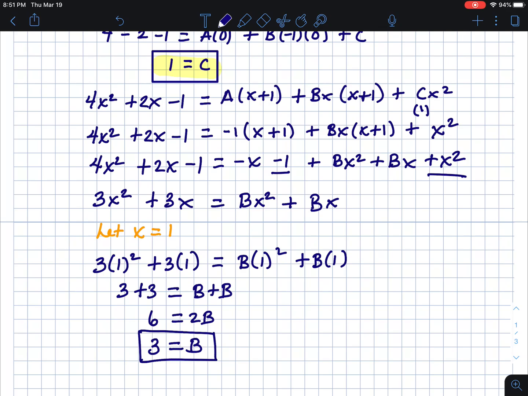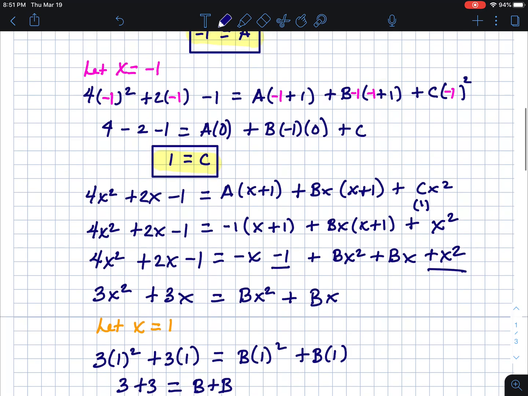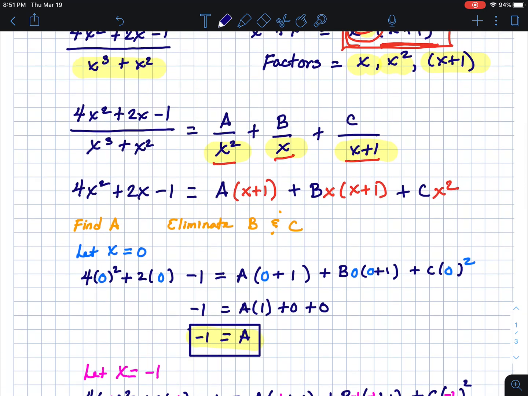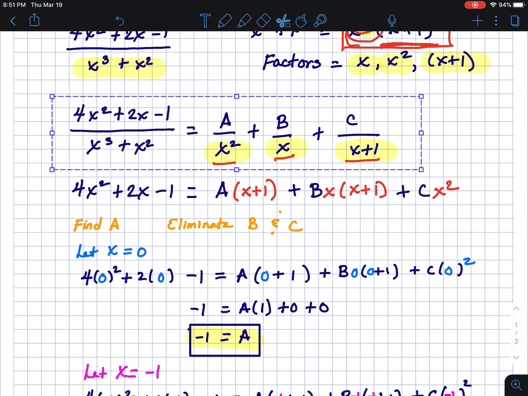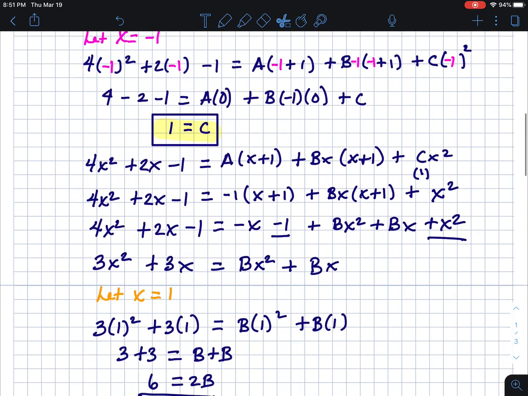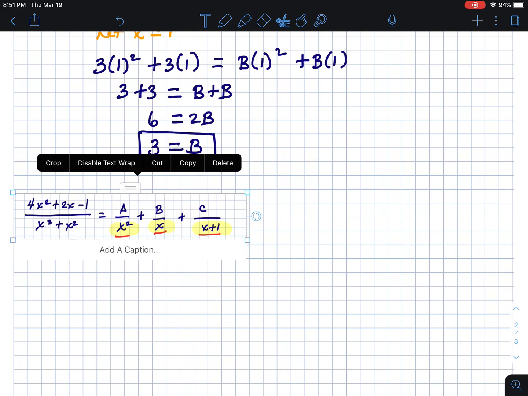So now we've got to fill this all in. We have our a, we have our b, and we have our c. This right here is what we had earlier, and that's what we're going to write down there.